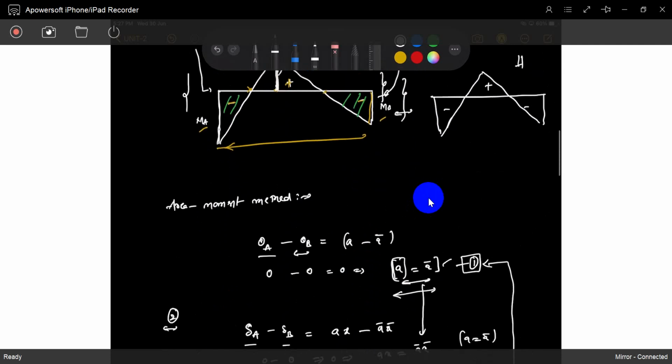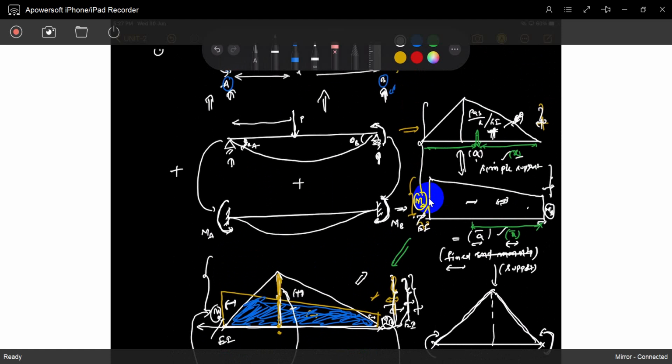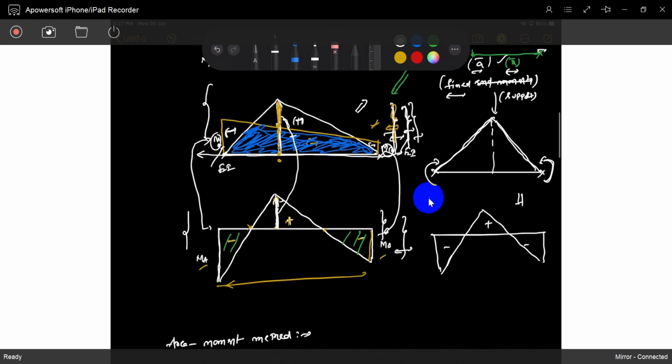In the area moment method, the difference of the slopes between any 2 points will give the area of the curvature diagram between those 2 points. Based on that, the areas of the bending moment diagrams for the simply supported beam and the fixed support are equal. We got the first equation.